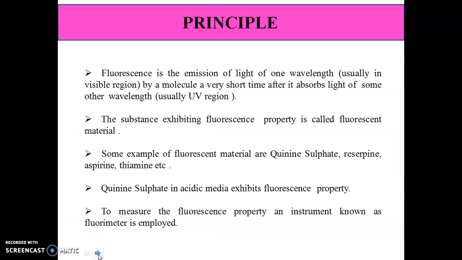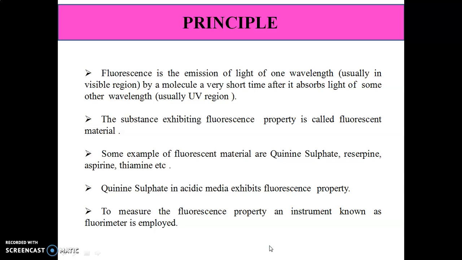Now, we have to see the principle involved in the estimation of quinine sulphate by fluorimetry. A large number of substances are known which can absorb ultraviolet or visible light energy. But these substances lose excess energy as heat through collision with neighboring atoms or molecules.